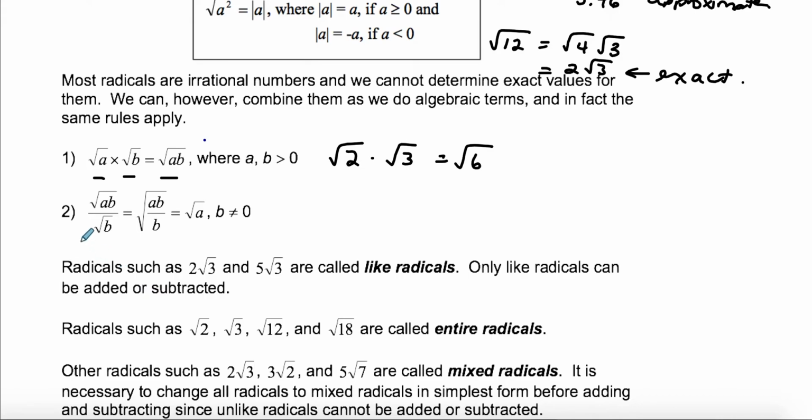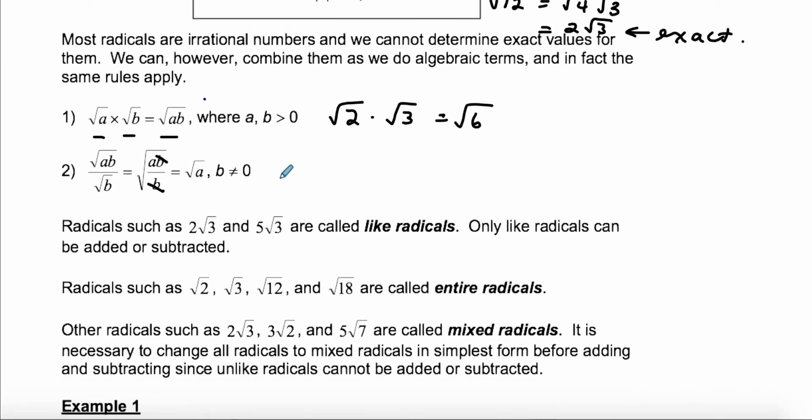This one down here, if we have a radical in the numerator and one in the denominator, we can change that to have a radical of a fraction. We can also use those principles where the b's would cancel each other out, and that's the same thing as just root a. So there are some different strategies that we can use to simplify these radicals.